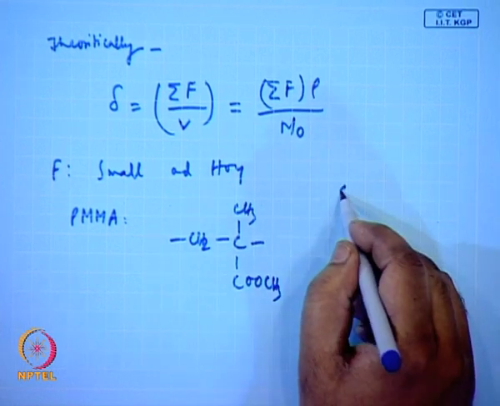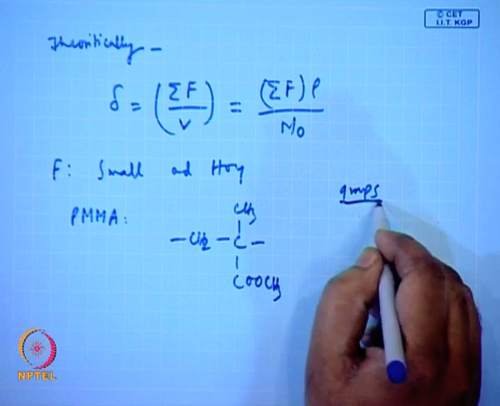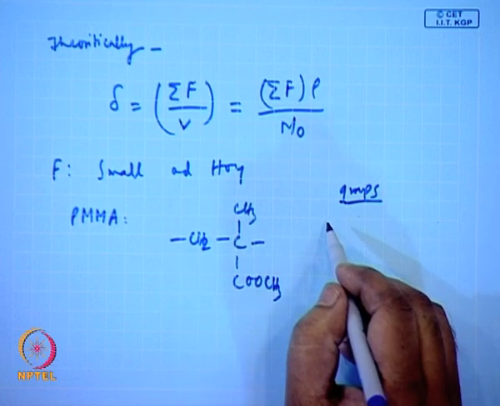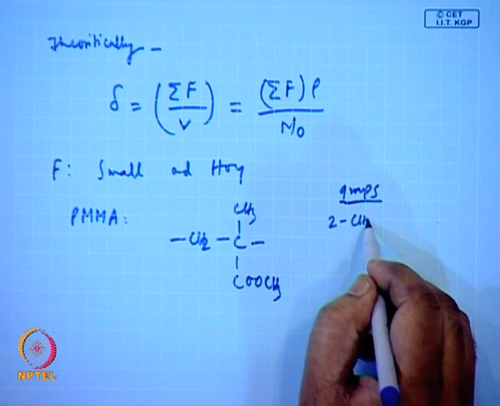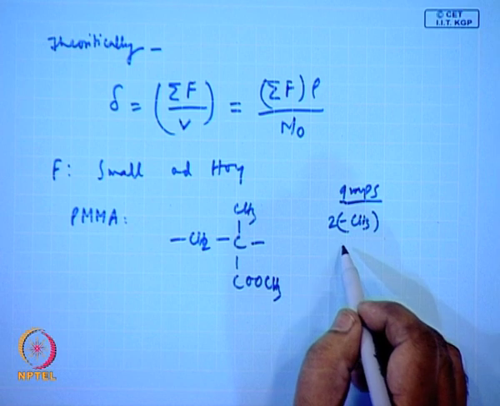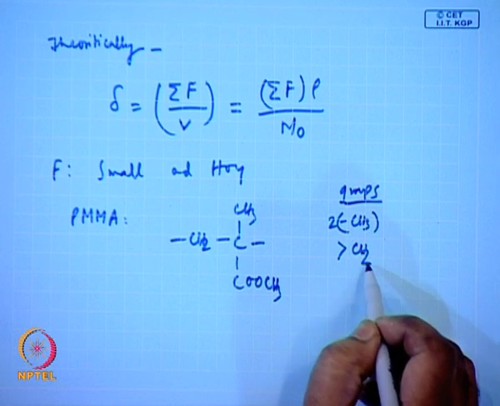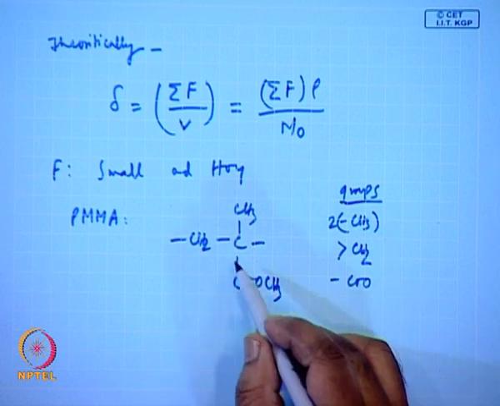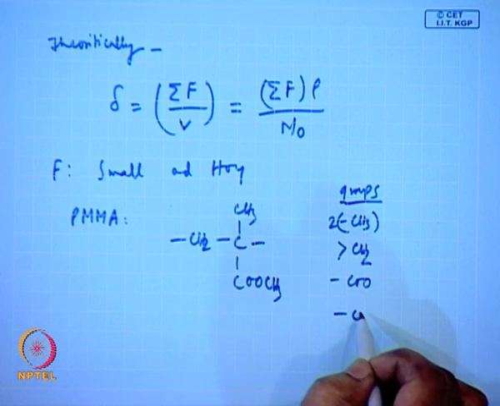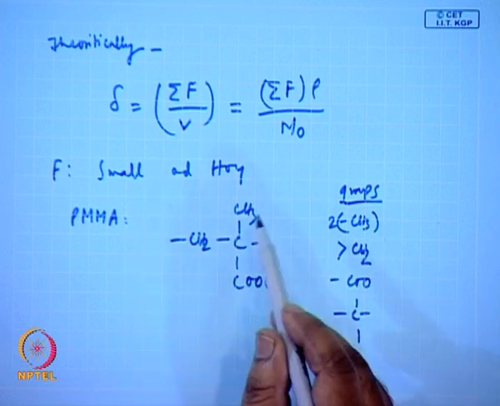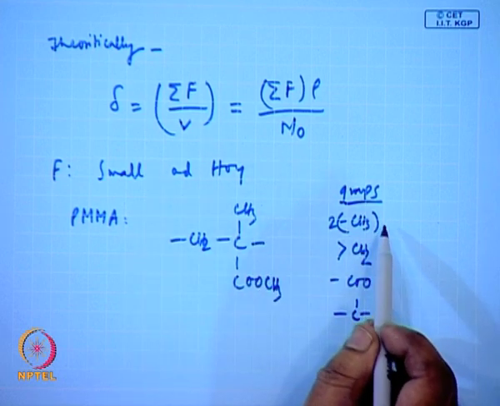How many groups does it have? You have to count groups. There are 2 CH3 groups, 1 CH2 group, 1 CO group and 1 quaternary carbon. These are the groups in this polymer, and the values of these are supplied.